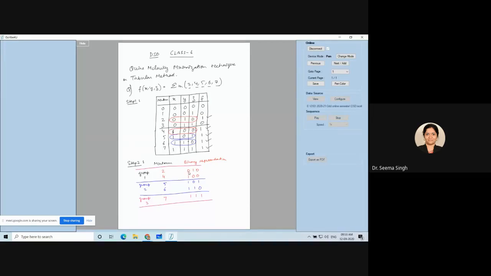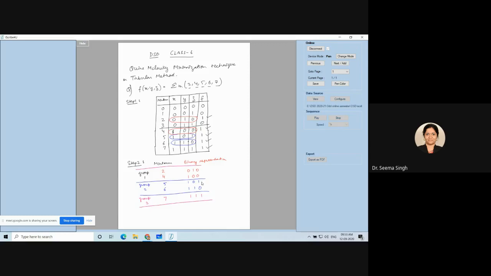Now in 2 what you see is 0, 1, 0 and in 5 what you see is 1, 0, 1. Now how many bit changes are there between 2 and 5? All the 3 bits are changing. See, 0 to 1, 1 to 0, 0 to 1. So 2 to 5, all the 3 bits are changing.